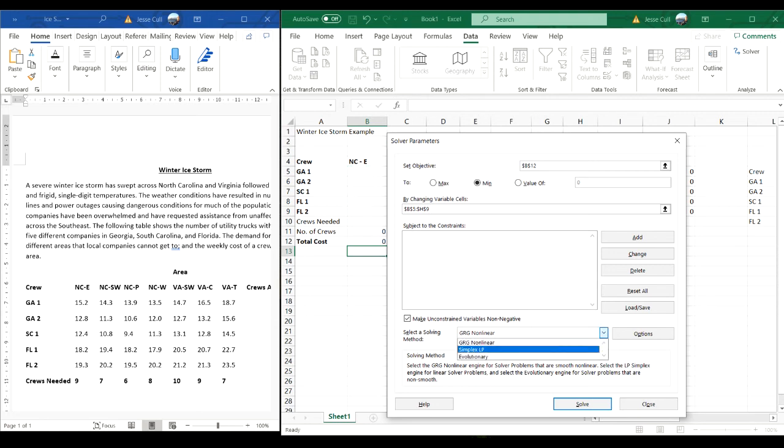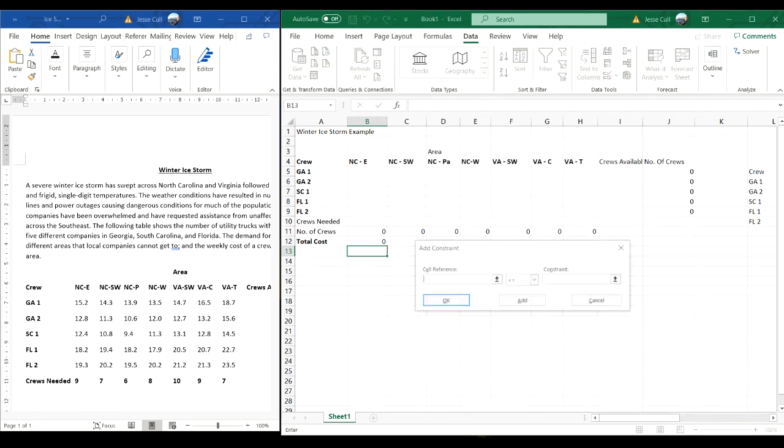We're going to make it simplex LP, and we're going to add our constraints. The first one is that the number of crews must be less than or equal to the crews available. We add that, and we repeat down here.